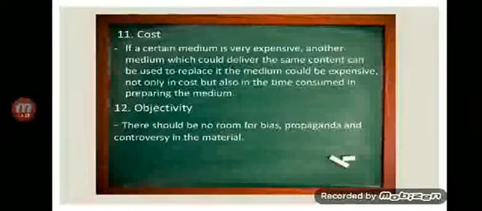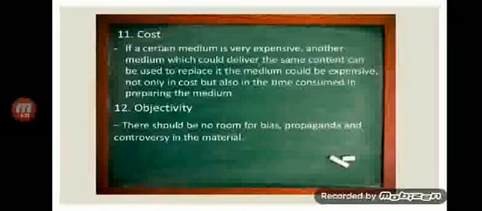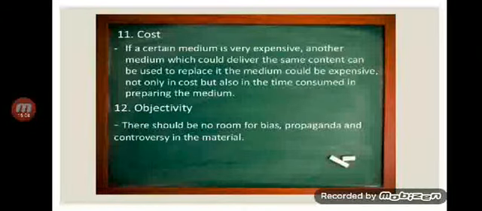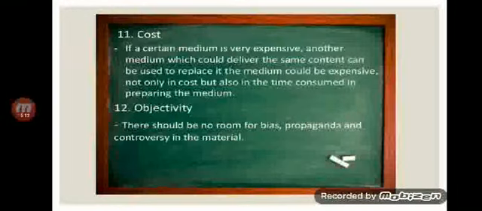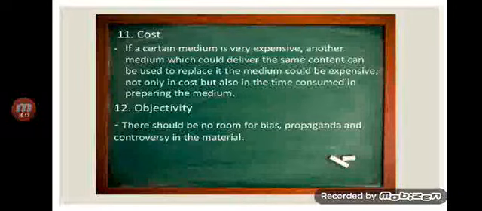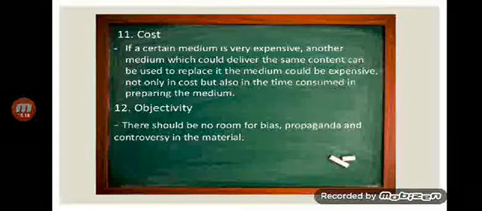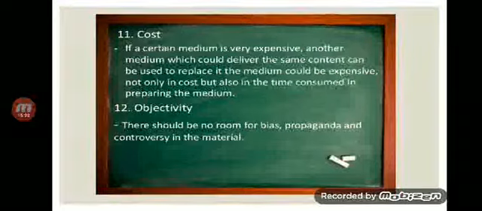LCD, films, and then videos and all are expensive because we need some devices or machines to display them. Okay, so all are expensive ones. So if there is a method or there is another media which we can use to replace the particular expensive one, then we better choose the inexpensive one.